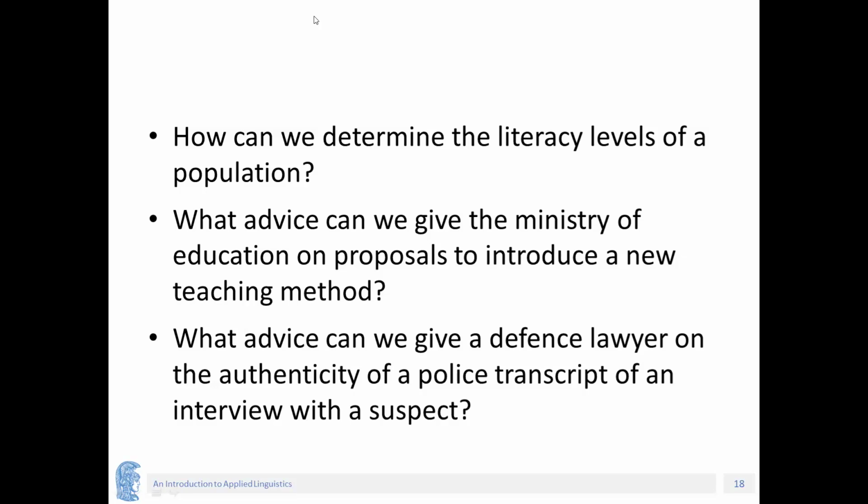How can we determine the literacy level of a population? What advice can we give the Ministry of Education on a proposal to introduce a new teaching method? What advice can we give a defense lawyer on the authenticity of a police transcript of an interview with the suspect? So the application of linguistics is enormous, and it can be a police report, a police transcript, a proposal given by the Ministry of Education, and many more.